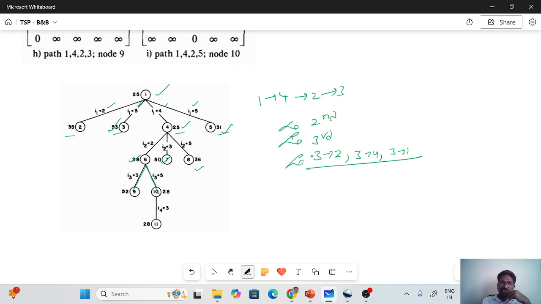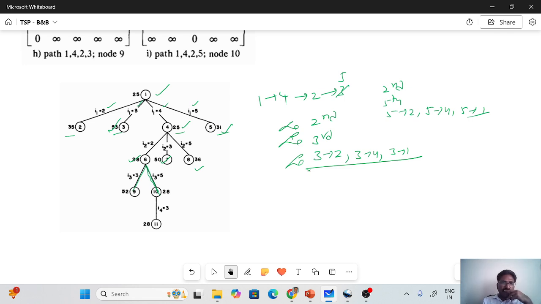That is a basic principle. If it is 2 to 5, then second row, fifth column, and 5 to 2, 5 to 4, 5 to 1 becomes infinite. After that you will find the same row reduction as well as the column reductions.